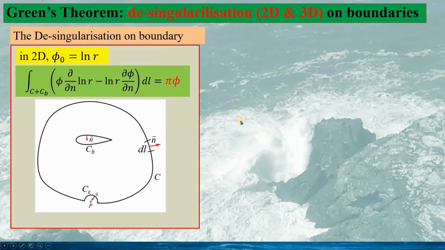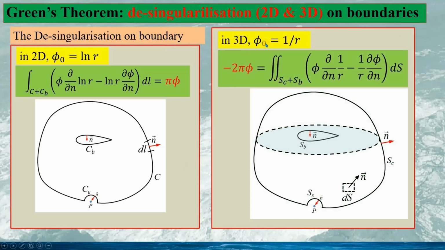And we also talk about the desingularization on boundaries. In 2D, the boundary integral equation would be given as this, but the integration on the boundary would have a gap, see here. In a similar way, in 3D, the desingularization on the boundary of the fluid would give the boundary integral equation as this.